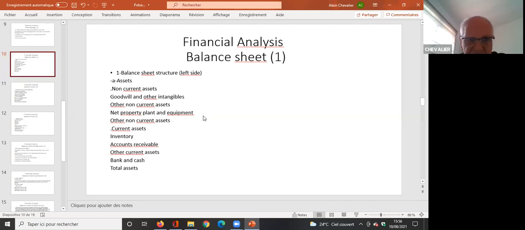The first one is land, plant, equipment: production equipment, transportation equipment, research equipment, and these are the classical elements.